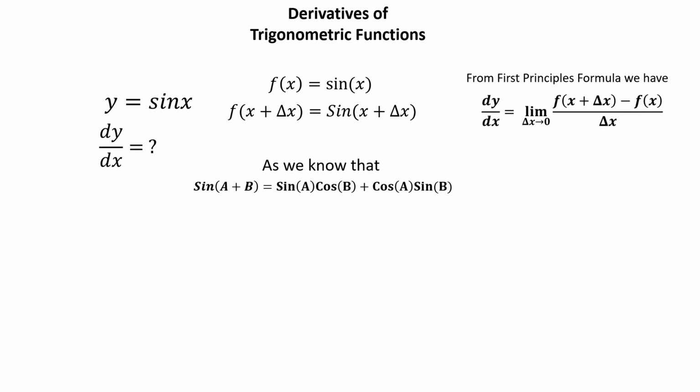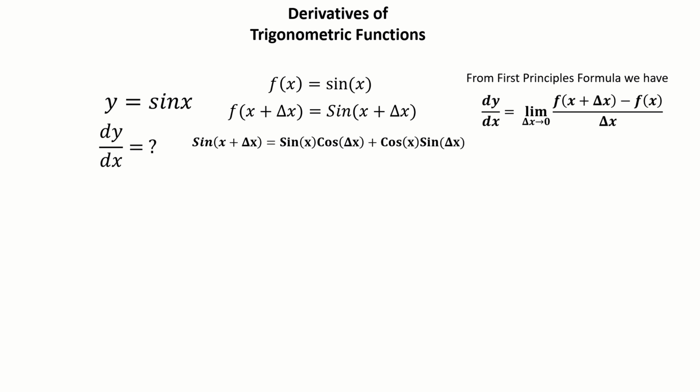Here simply a is equal to x and b is equal to delta x. If we substitute these values of a and b in the formula, we will get this expression.